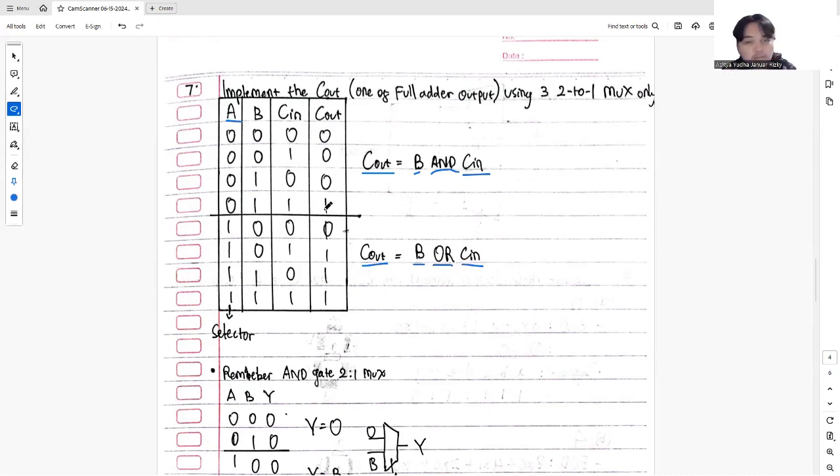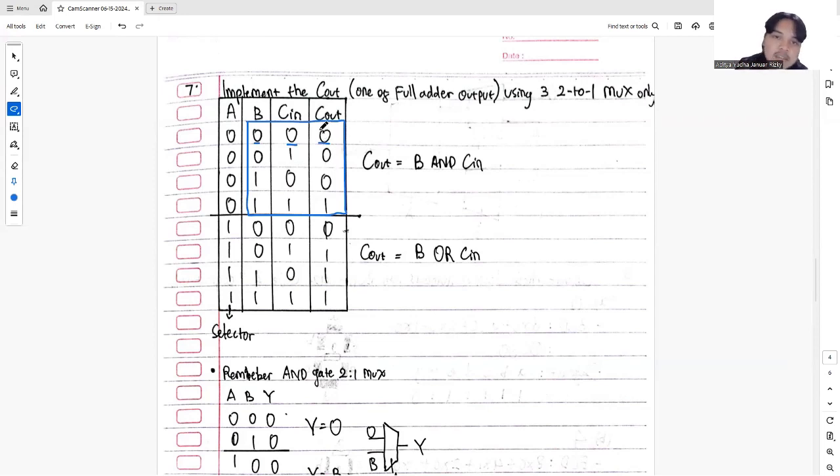Now how can I do this? When we take a closer look here at this column, you can break it down one by one. When B is 0 and Cin is 0, the output is 0, when B is 1 and Cin is 1, and so on.